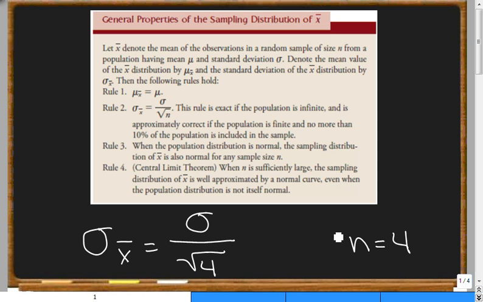So the standard deviation of our sampling distribution would be half that of the normal. And we can do this with any perfect square. If our sample size was 9, it would be 1/3 that of normal because the square root of 9 is 3, and so on and so forth.